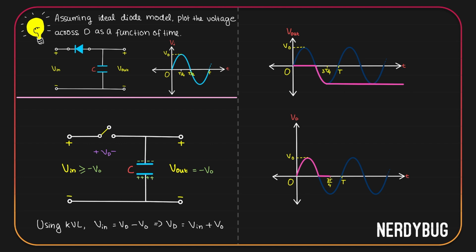So after 3T by 4, Vd is going to be V input plus V naught. After 3T by 4, V input looks like this. We want V input plus V naught. So the entire waveform will shift upwards by V naught units. We will get something that looks like this.